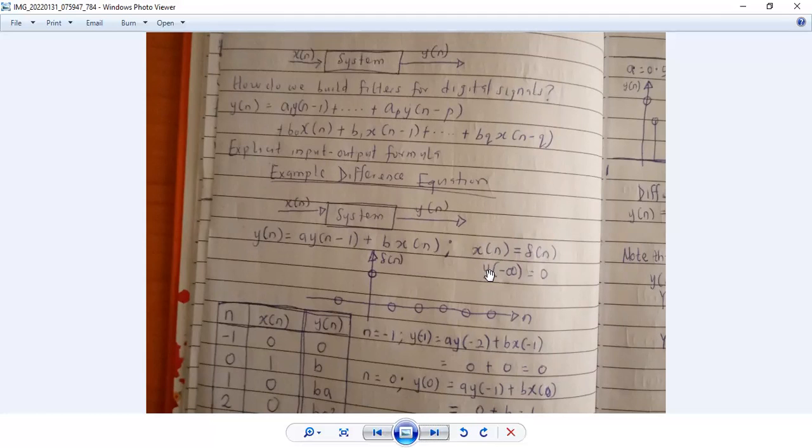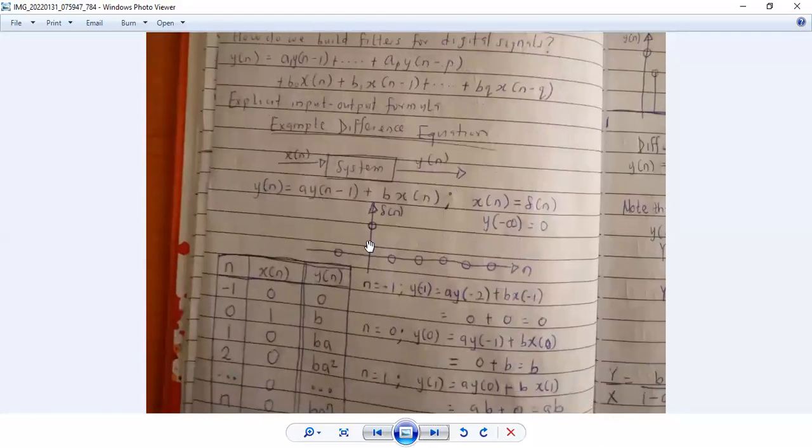And we assume that the past output values from minus infinity are 0. So this is the representation of the impulse. It only has a signal, an impulse, at 0.